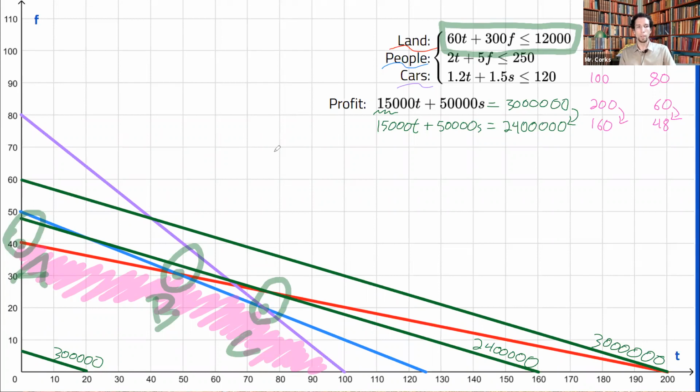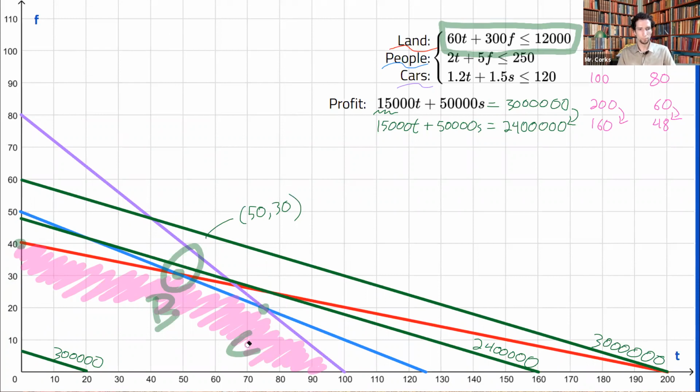What is the exact location of point B? It is 50T, 30F. Okay, we're saying this is 50, 30. How confident are you in that number?